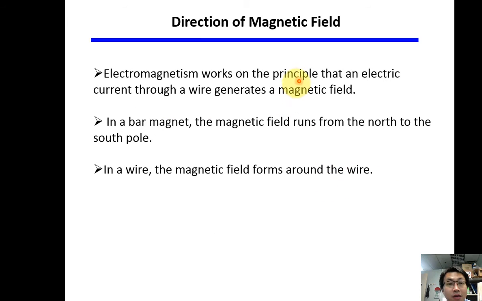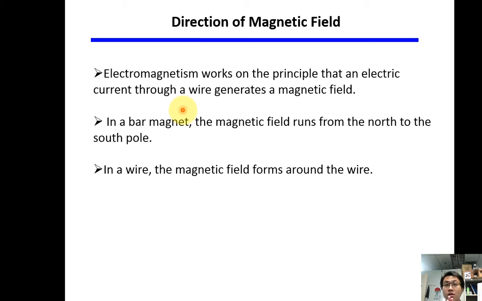Then the direction of the magnetic field. Electromagnetism works on the principle that an electric current through a wire will generate a magnetic field. It's very simple. When there's electric current flowing through the wire, there will be a magnetic field around it. This is called electromagnetism.